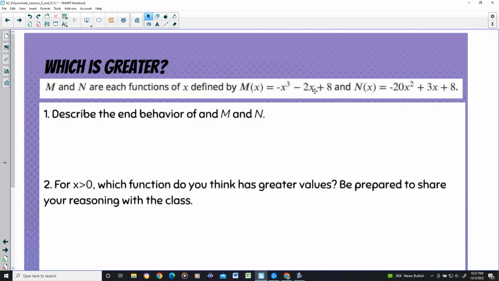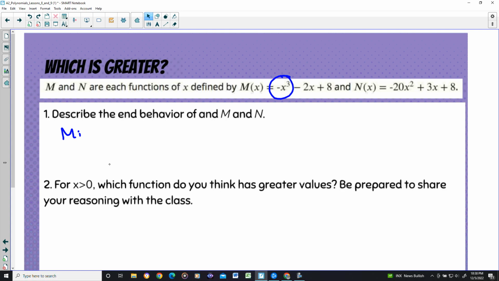Okay, so let's describe the end behavior, right? Let's look at M. Now, rather than write the whole sentence out, let's at least think about it. So what's happening with M? It's got a negative x to the third. Remember, it's dominated by that first term.